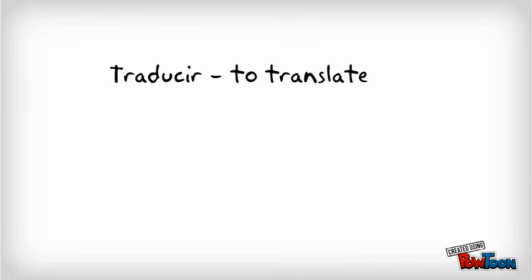Traducir, to translate, becomes yo traduzco. And last but not least, ver, to see, becomes yo veo. Ver is considered irregular because if we use the normal conjugations, the yo form would simply be vo, which is incorrect. We have to then adjust to make it veo, V-E-O, which is the correct yo form for ver.